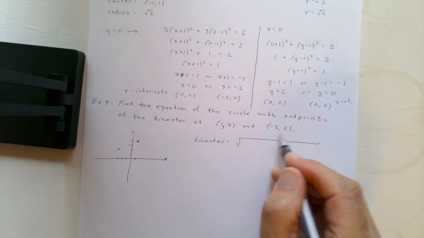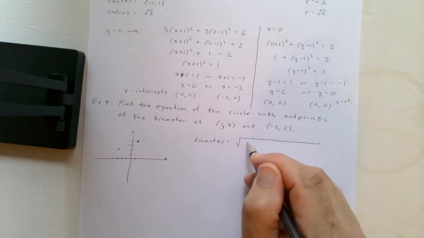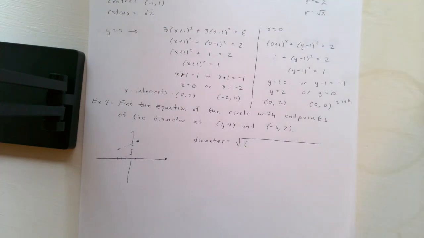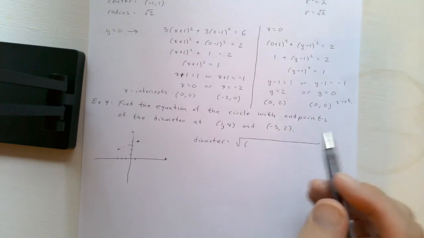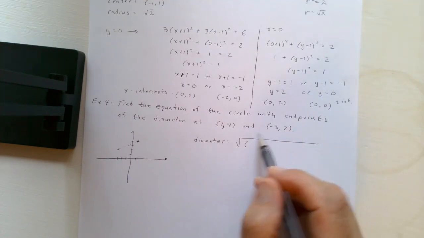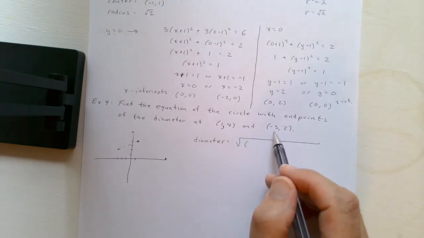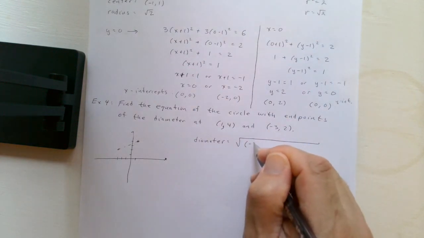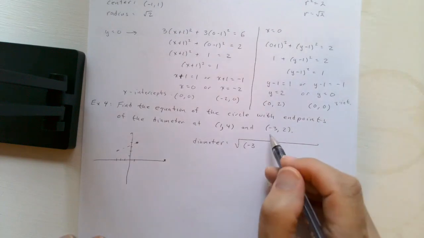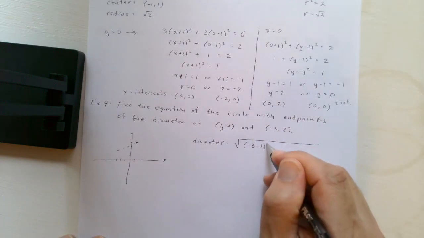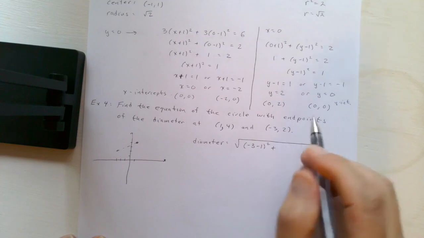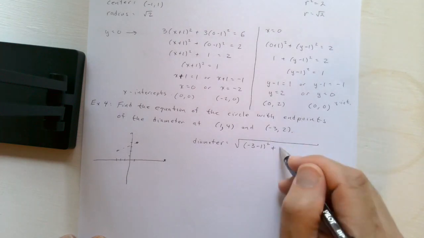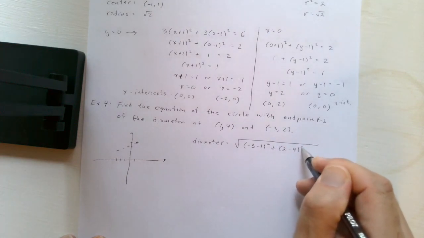So that's 2 minus 4. So let's make sure we do this right. Okay, so this is going to be the square root of (negative 3 minus 1) quantity squared, plus (2 minus 4) quantity squared.